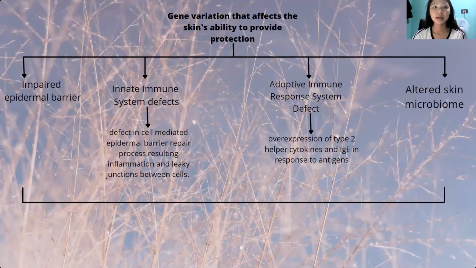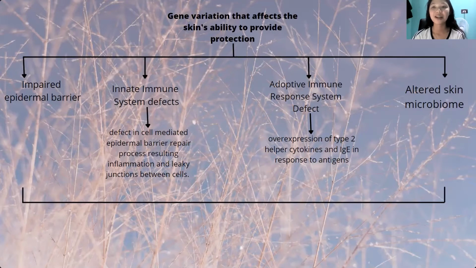So there's impaired epidermal barrier, innate immune system defect, where the defect in the cell-mediated epidermal barrier repair process could result in inflammation and leaky junctions between cells. Third is adaptive immune response system defect that causes overexpression of type 2 helper cytokines and immunoglobulin E in response to antigens.